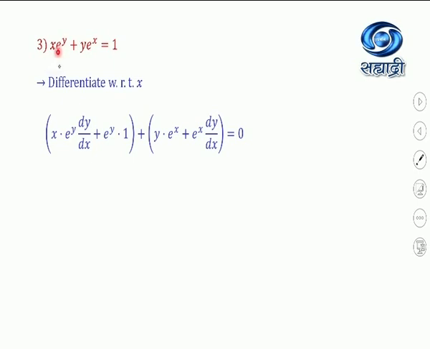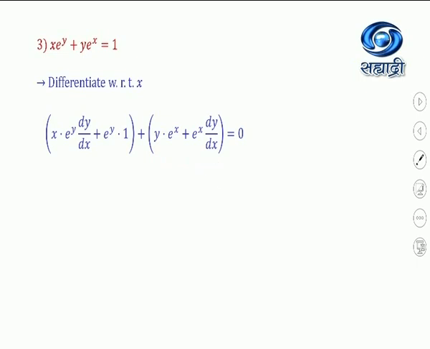Here I write the derivative of the first term plus the derivative of the second term equal to the derivative of the constant, that is 0. Now the derivative of the first term becomes, by using the product rule, first function x into the derivative of e raised to y, which is e raised to y into dy/dx by chain rule, plus the second term e raised to y into the derivative of the first term, that is x, that is 1.